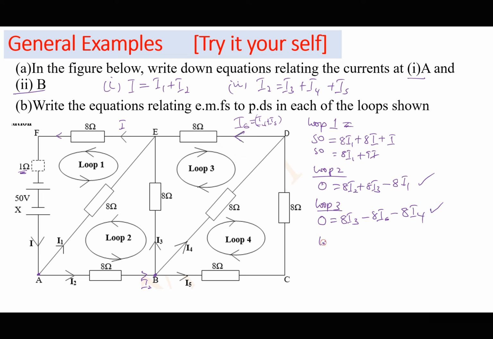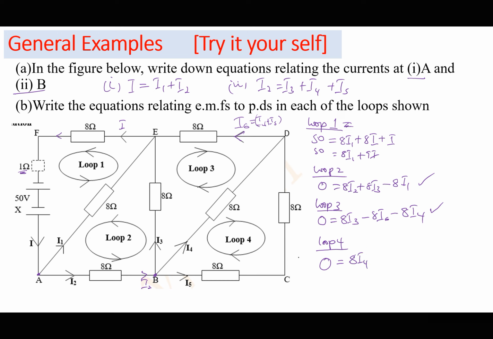Let's talk about loop 4. I'm only doing this so that I give you confidence in coming up with these equations. Loop 4, there is no cell, so the EMF is 0. For the PDs, this is clockwise, so B to D, D to C, C back to B. B to D, the current is in the same direction as the loop, so the PD is positive 8 I4.